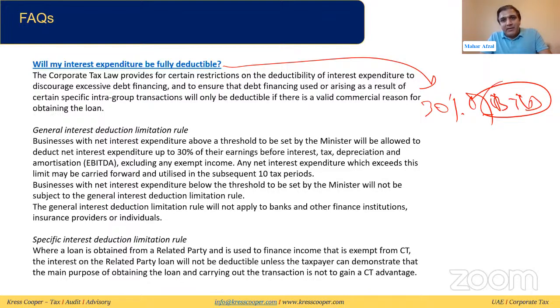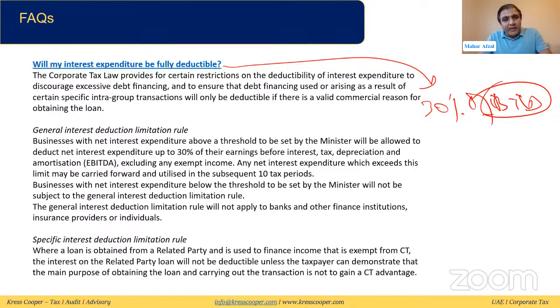As I mentioned, in our next articles and next webinar, we will have a discussion on interest. Might be the next article, might be the article just after this, because I am planning the next article on value added tax, on the recent public clarification introduced by the FTA, public clarification number 33, which deals with what the VATability will be if goods and services are sold through an e-commerce platform.